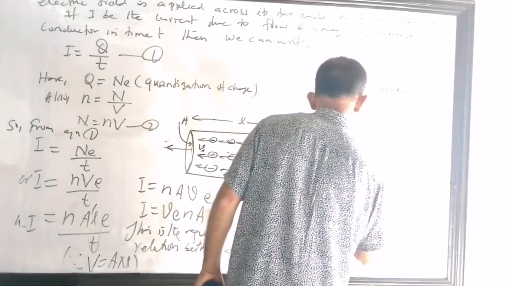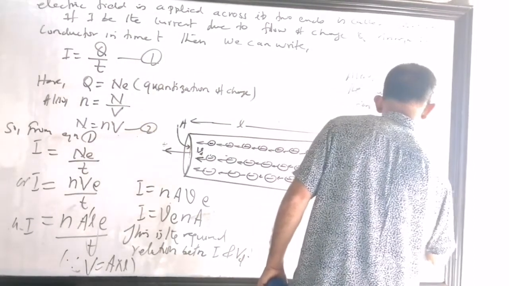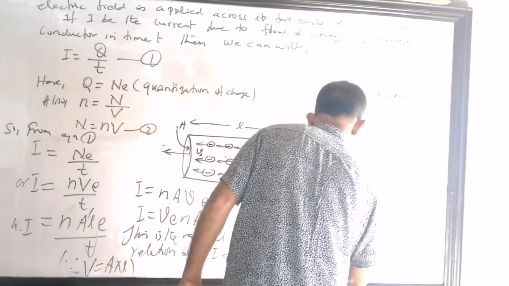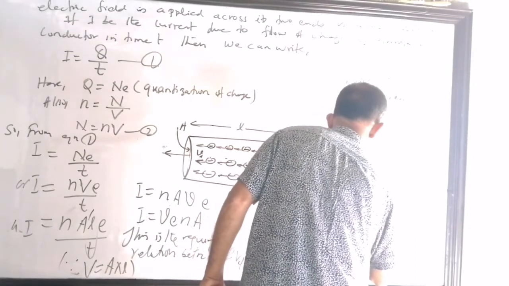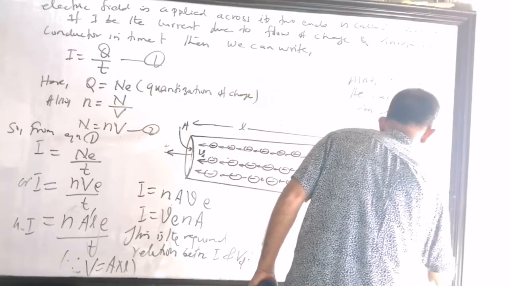This is the required relation between current density and drift velocity.